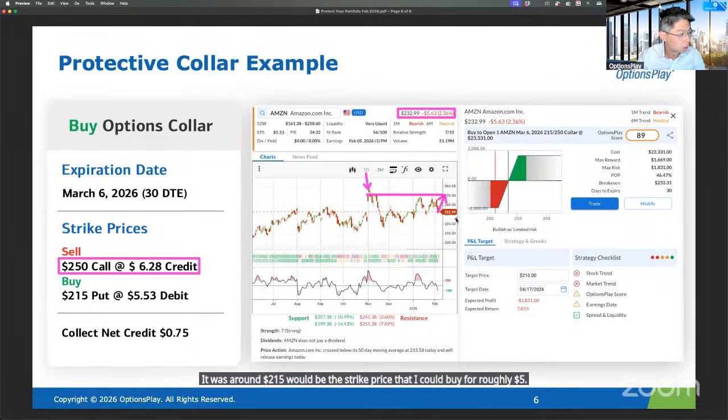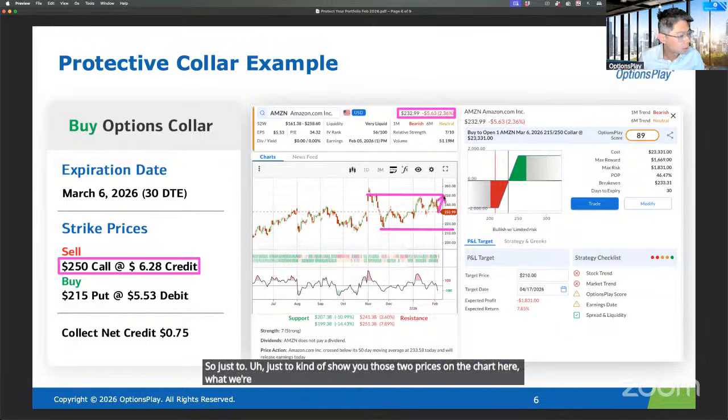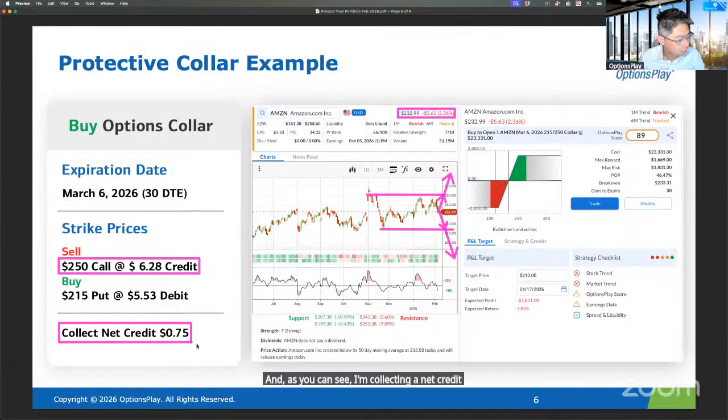So just to show you those two prices on the chart here, what we're doing is limiting our upside beyond this, and at the same time protecting our downside below that support level, 215 or so. And as you can see, I'm collecting a net credit of 75 cents, which is virtually zero for a $233 stock. But it is a little bit of income, right?